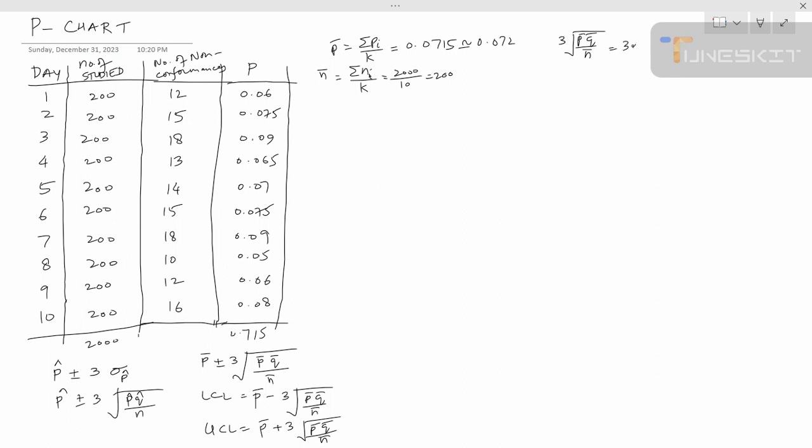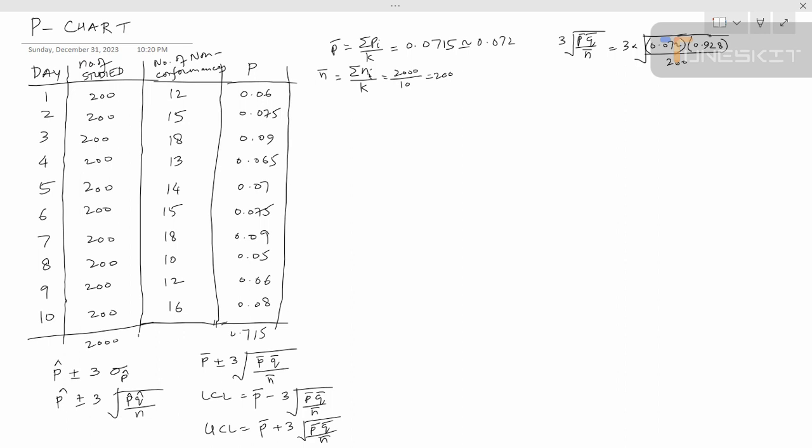Now 3 times the square root of p bar q bar divided by n bar. If p bar is 0.072, then q bar would be 1 minus 0.072, that is 0.928, and then divide by 200.